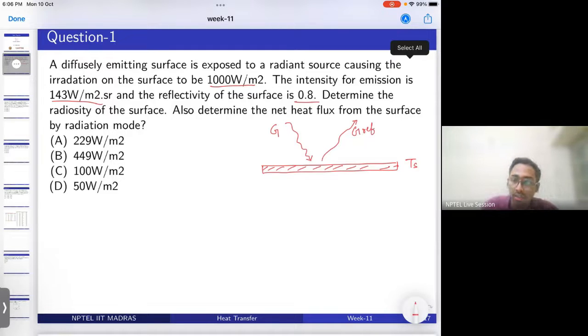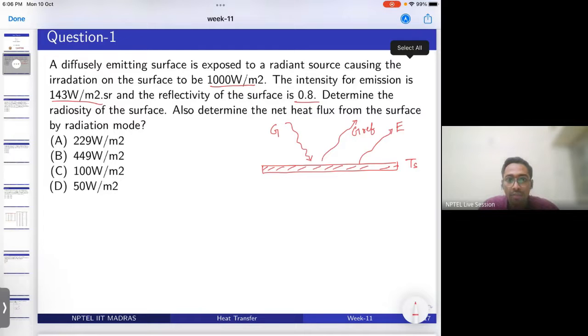And because of the temperature of the body, some energy will also be emitted, which I am considering as E. So these are the energy interactions happening at a surface.